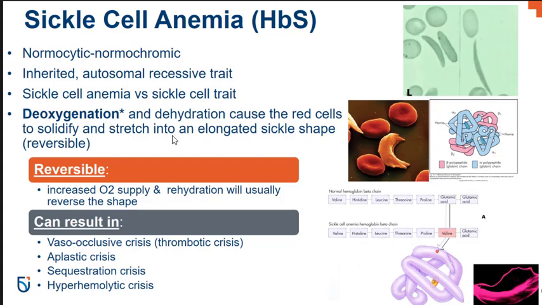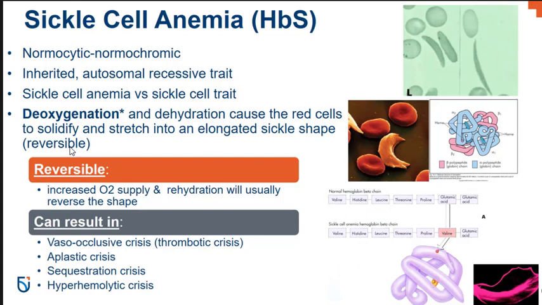Deoxygenation and dehydration, but certainly deoxygenation, is the biggest cause of the red blood cells going from their normal size and shape to this sickled shape. And when it's sickled, it's very rigid, so it's not going to be able to move through blood vessels properly, which can cause major problems in the affected person.